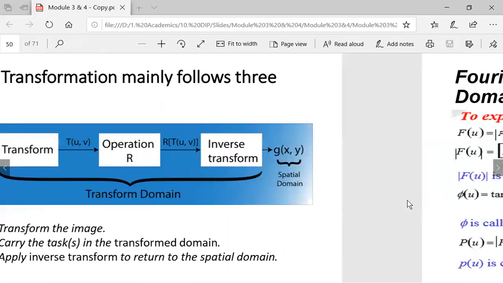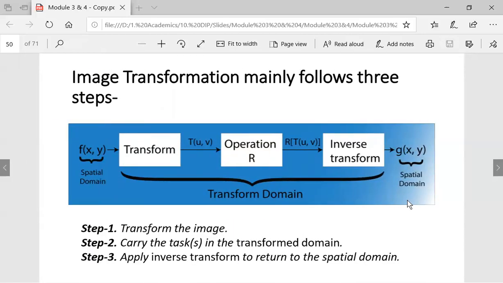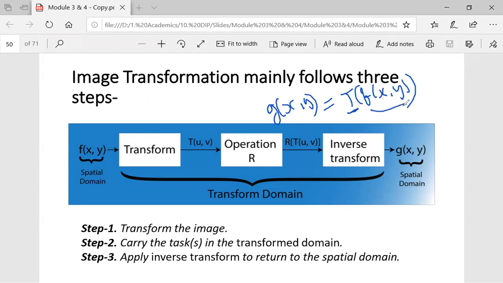In the previous sessions, whatever we have seen was just like this: g of x comma y is equal to t of f of x comma y. So the transformation was directly applied on the original image matrix, and you used to get the spatial domain image, that is the transformed image.